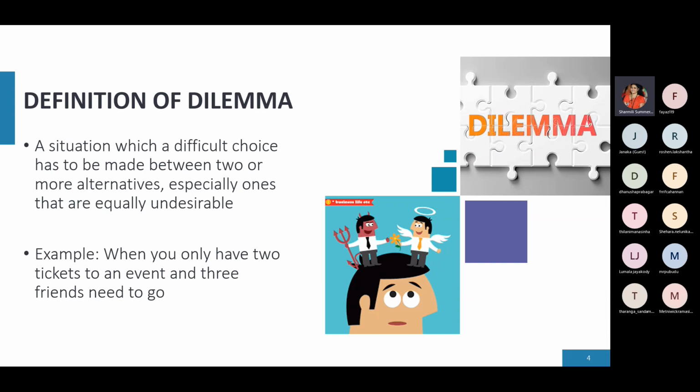If you think, okay, I can leave that person and take another person without thinking about the other person's emotions, then we can't call it an ethical dilemma, because you are being biased, you are favoring one person.